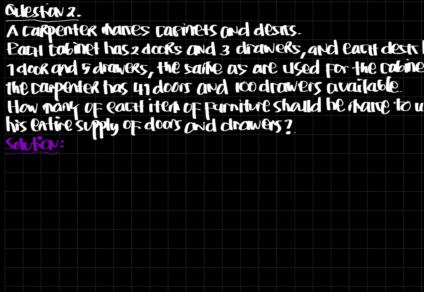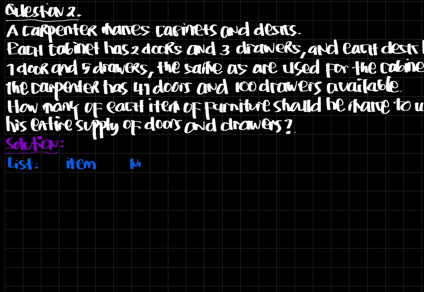Okay, because you want to make sure exactly what the total supply needed is, we have to label it first. So we have to list them first. You have to list the item, the number, and also doors, and also drawers.